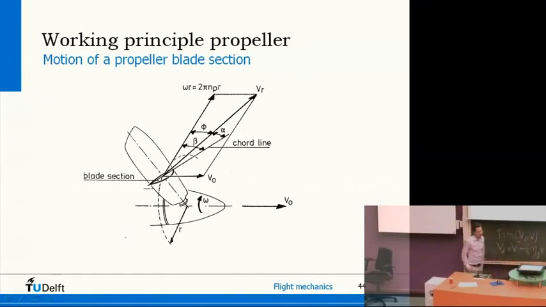This is a picture you have to look at for a couple of minutes maybe. If you consider a propeller blade, it is quite similar to an aircraft wing. If you make a cross section like it's done over there, that cross section is in fact just an airfoil like on a wing.